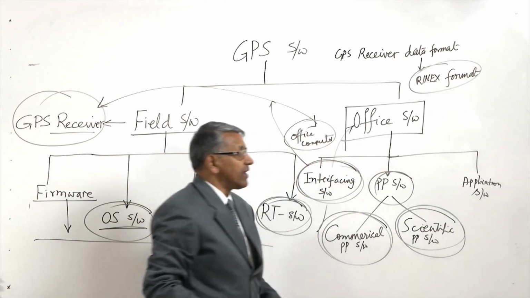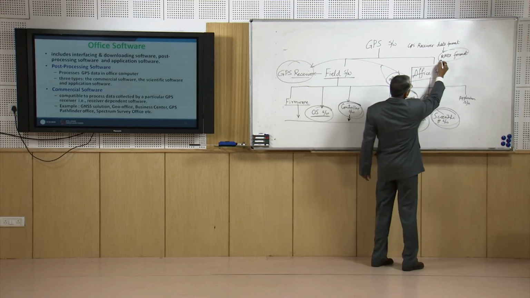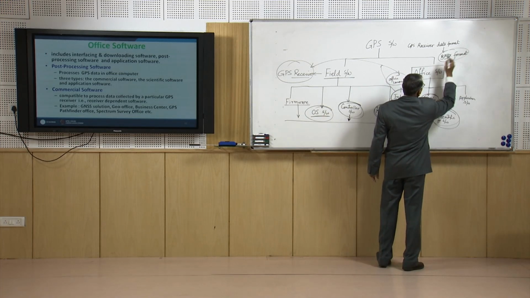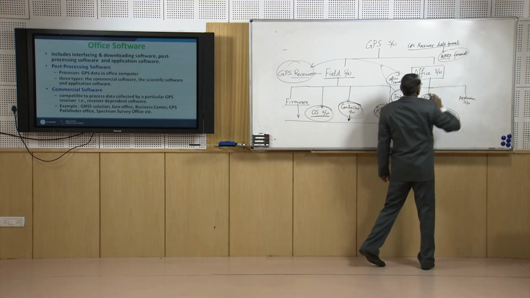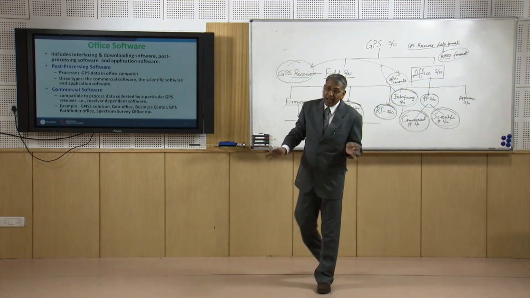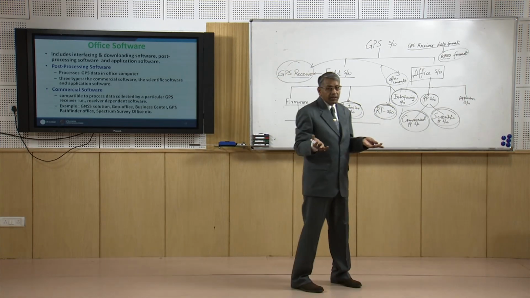Now what is RINEX format? It is the receiver independent exchange format. So I may have two or three types of GPS receiver with which I have collected the data.